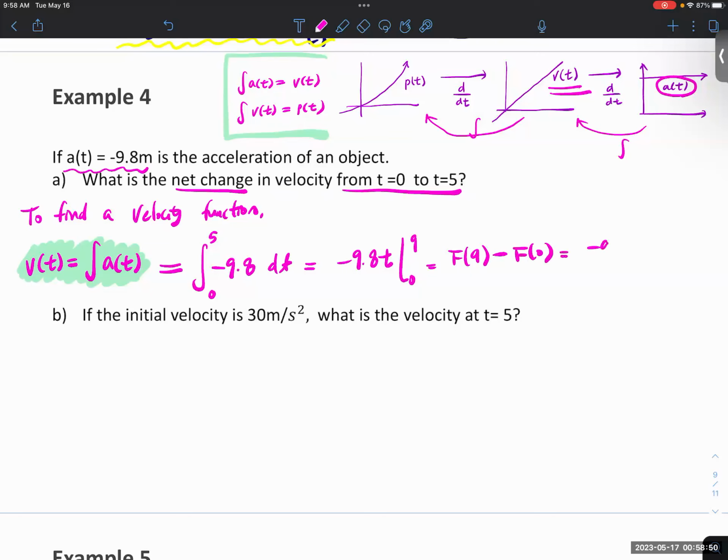What happened? Negative 9.8 times 9 minus 0. This is capital 9, capital 0. So therefore, negative 49 meters per second squared. This is the velocity function between 0 to 5. That's the answer.